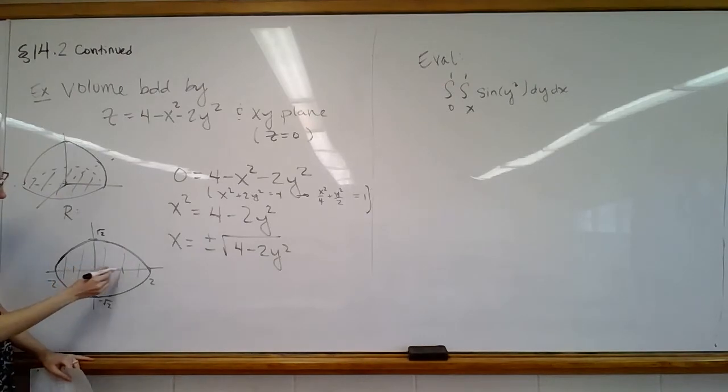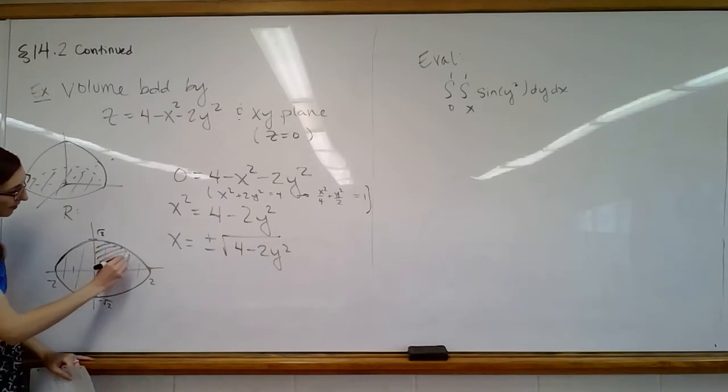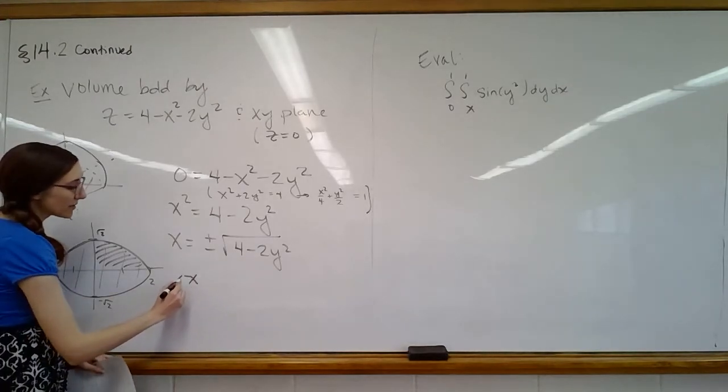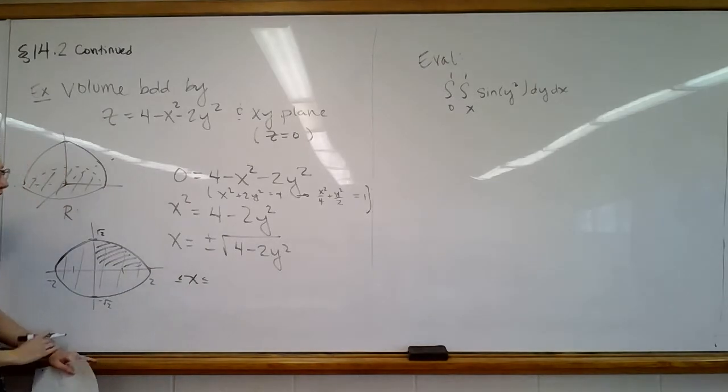So if we look at something like, I just want this portion of that region. Now we know our x's rather than our y's, so we're going to try and do left curve, right curve. So when we think about x, remember we're going to need this 4 times.